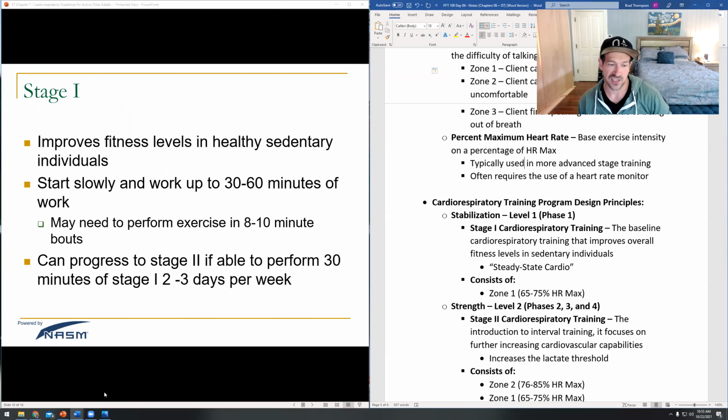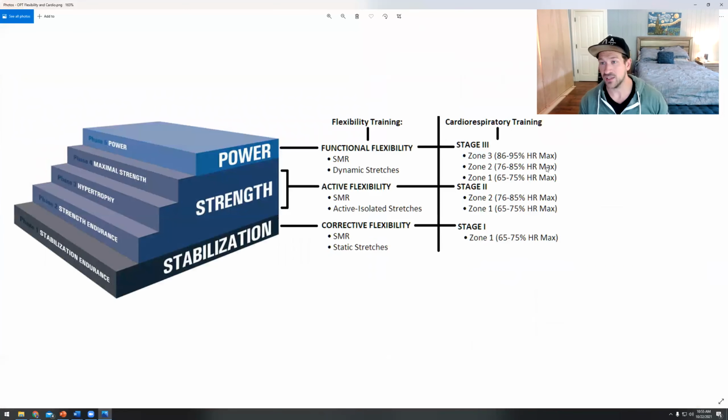So breaking these stages down, think of these just like we did with our flexibility training. Think of them as tool bags. Clients who are in the stabilization level, we're going to use our stage 1 tool bag. Clients who are in the strength level, we're going to use our stage 2 tool bag. And clients who are in the power level, we're going to use our stage 3 tool bag.